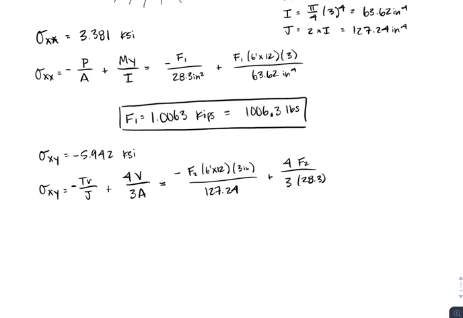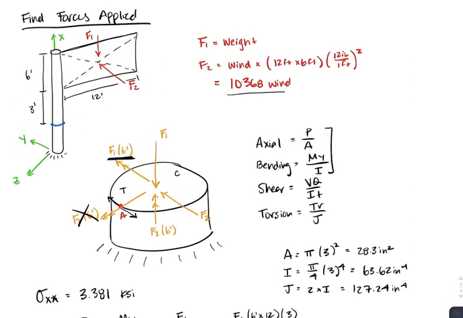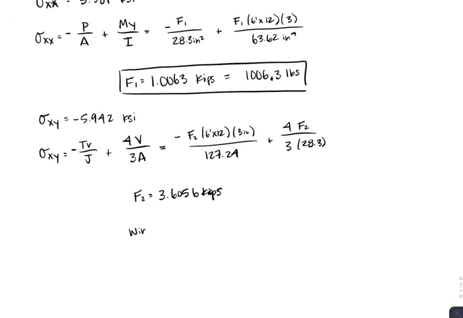By doing that, we can get our F2, which is going to be equal to 3.6056 kips. We actually want to find what the wind force is acting on it, not our F2. And so we use that equation that we had solved for before, this 10368 times the wind. That gets us a wind value equal to 0.3477 psi. So that is the stress that is acting on our signpost.